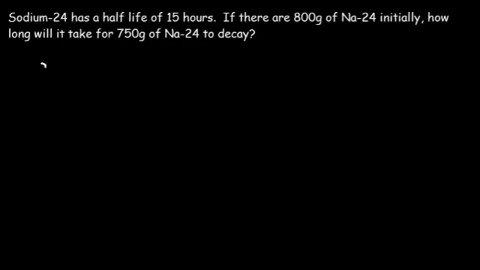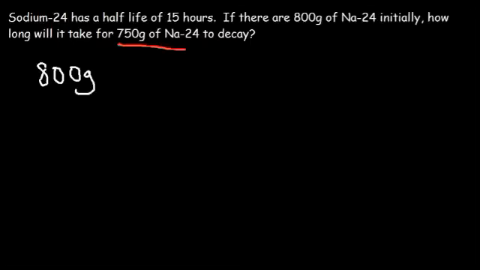So if we're starting with 800 grams of sodium-24, how much is left over? How much of sodium-24 changes and how much will remain? Notice that 750 grams of sodium-24 decays. That means it changes to something else. The other 50 that's left over, that's how much didn't change.